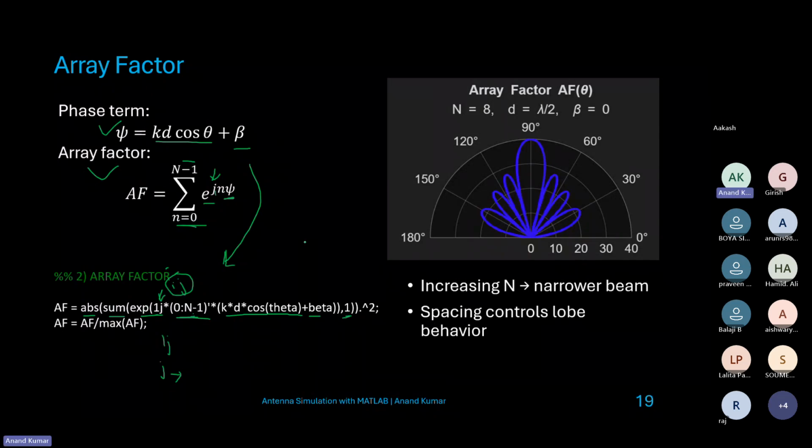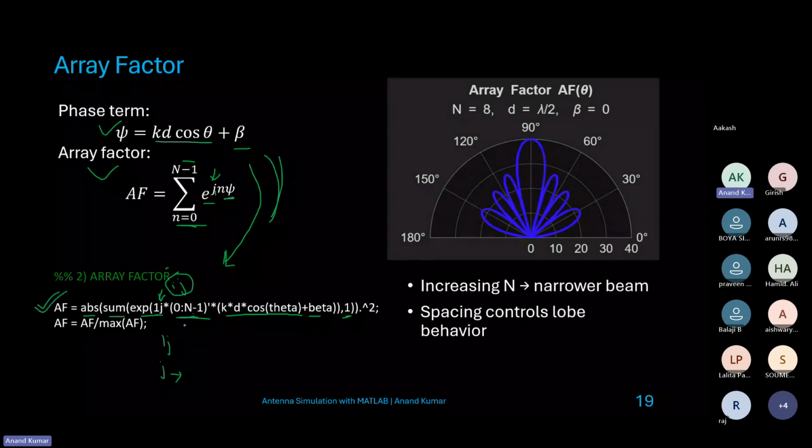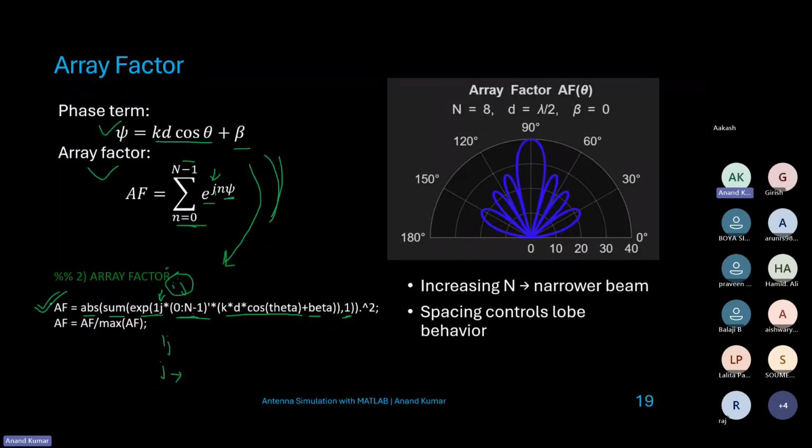I think I'm missing the correct expression over here, but you can refer to the script for this. This script is correct. I think I'm missing the correct array factor formula over here, but it looks something like this.